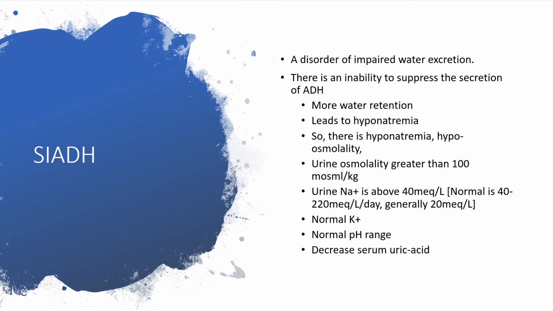Here, when you do your electrolyte assay, the level of potassium will be within normal range, and the pH will also be within normal range. There will be decreased serum uric acid, because it's not that the kidney is not functioning well, okay? The kidney is functioning well, but the ADH is holding more water into the plasma.